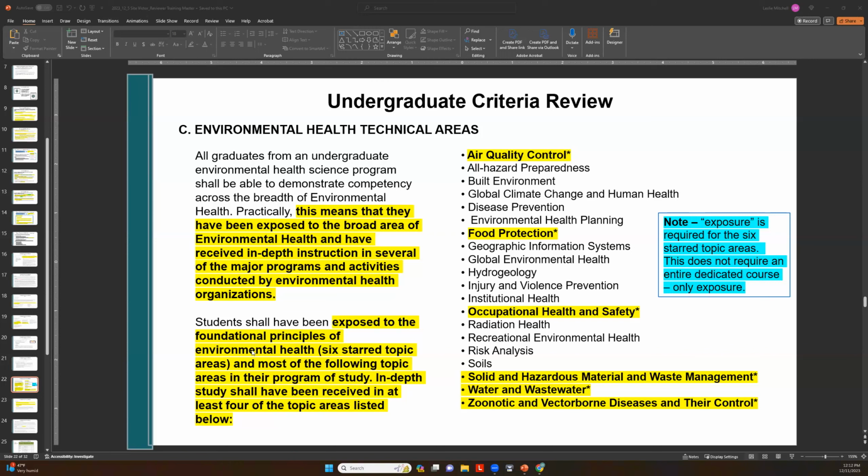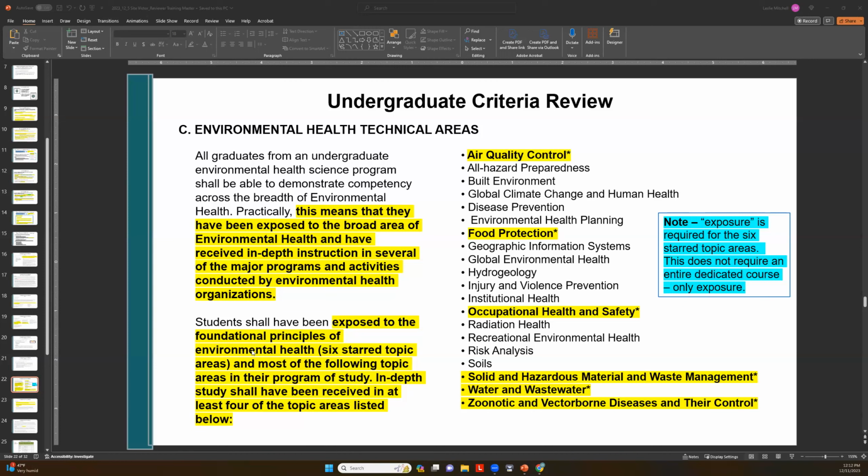Students shall have been exposed to the foundational principles of environmental health. The 6 starred topic areas also are highlighted for ease of seeing, and most of the following topics in their program of study. In-depth study shall have been received in at least 4 of the topic areas listed below.